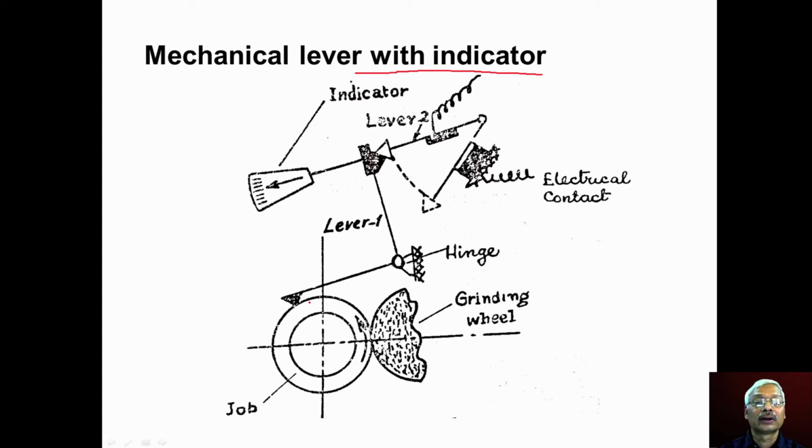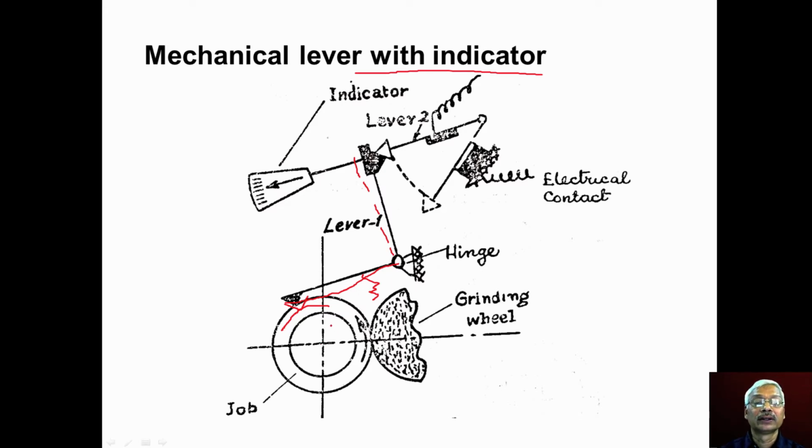So when the grinding process continues like this, the diameter goes on reducing and the stylus stays in contact because of the spring force, and this lever 1 will move to the new position shown by this dashed line. So this indicator will show the change in the size of the workpiece diameter.